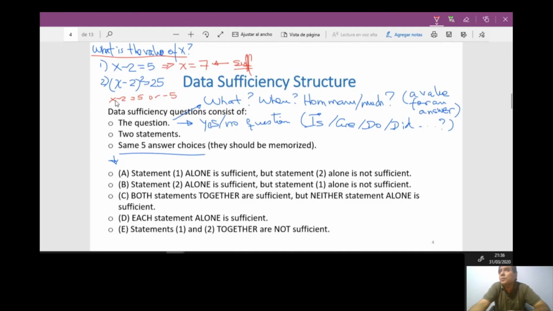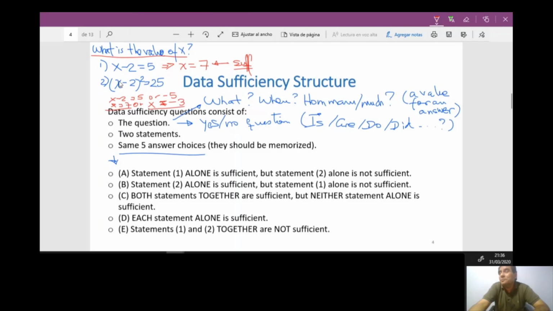And that provides two possible values for x. x could be 7 or x could be negative 3, right? So you see there are two values this time. The first value is 7, and the other possible value for x is -3.